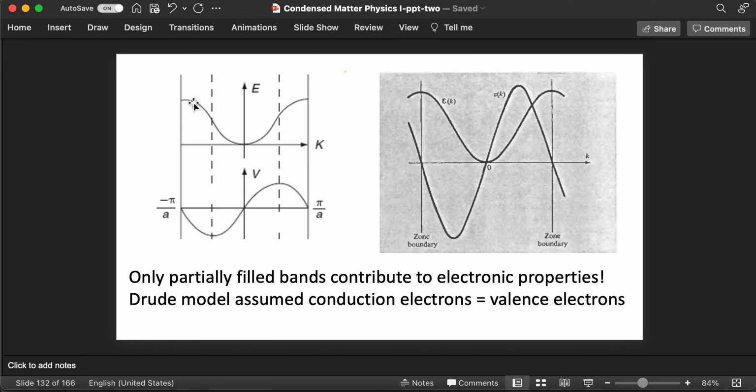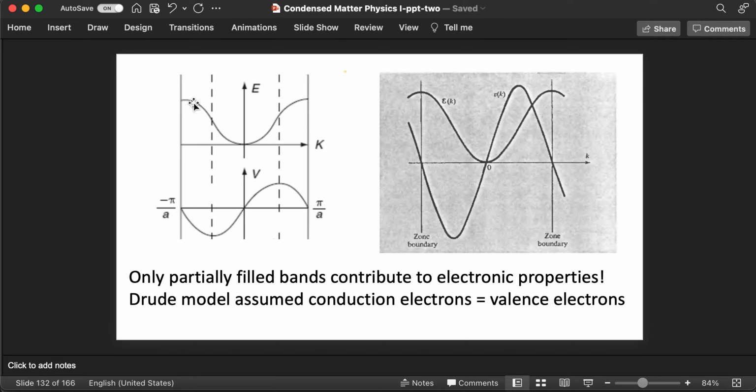Now, in the Drude model, Drude assumed that conduction electrons were valence electrons. Now, there was no proper justification for this. The reason why it turns out to be right is because if you consider valence electrons, like for example in the case of sodium, we saw that at the end of the previous video, if I have just one electron per primitive cell, then the band will be half filled.